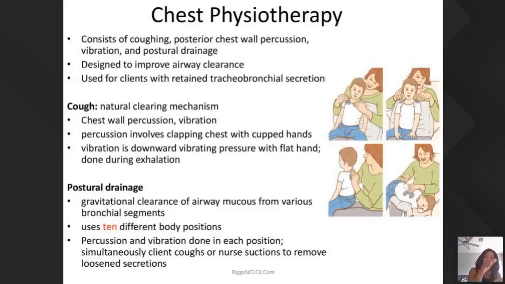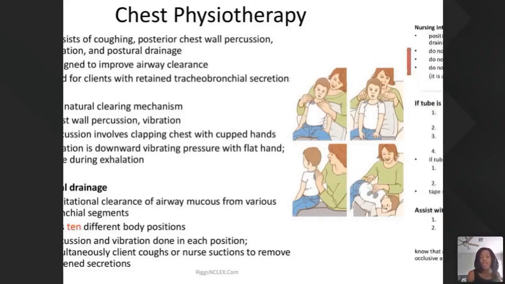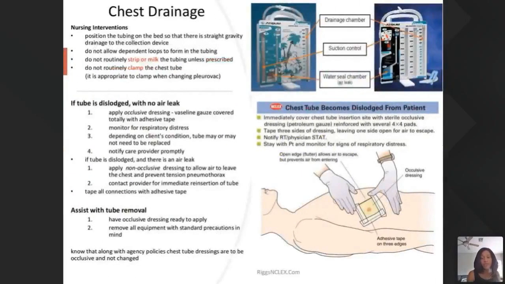But there are questions about the chest physiotherapy itself. You see how this woman's hand in the picture is cupped, okay? So you want to cup your hand like that for the physiotherapy, and obviously you're changing their position. There are 10 different body positions used with chest physiotherapy, and gravity is also a factor. It makes sense, okay? So you can get all that mucus out for these children.